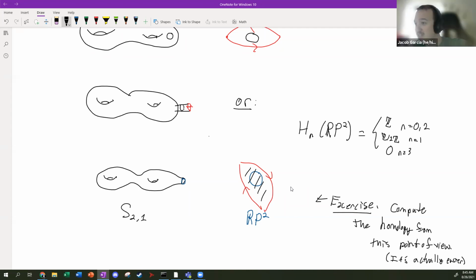Once I do this, you will see what kind of steps you need to do and how you're going to set this up. And if you do those same steps in the same setup, except with the punctured genus 2 surface and RP2, you're going to get a disk in there, and that's going to make more homology 0 than in the example that we're going to do, and it's actually just going to make the algebra easier to do. And if we have time at the end of the day, I can do this exercise and show you that it's easier.